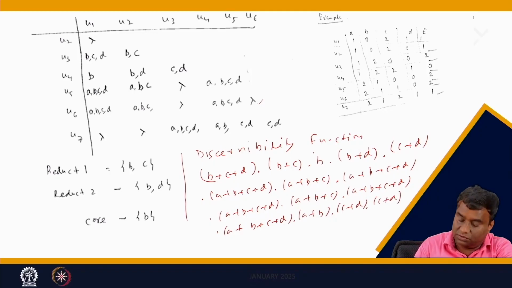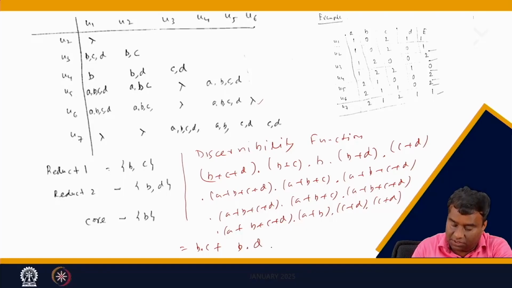So after solving and simplifying, you will get B dot C plus B dot D.